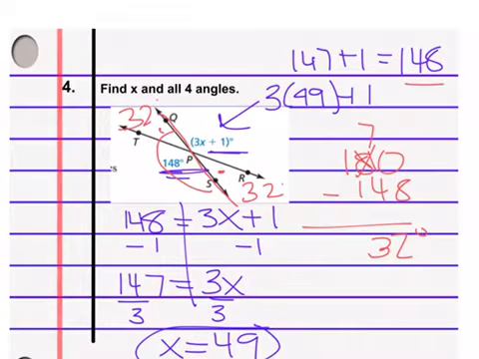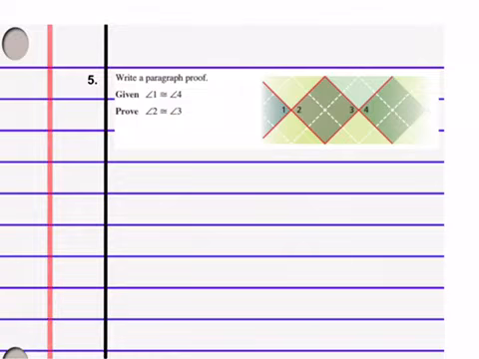All right, we have one more example. Write a paragraph proof. Given angle 1 is congruent to angle 4. So on my diagram, that's right here. Angle 1 is congruent to angle 4. So let's go ahead and write that for the first part.